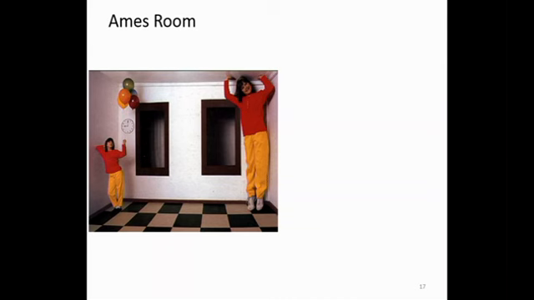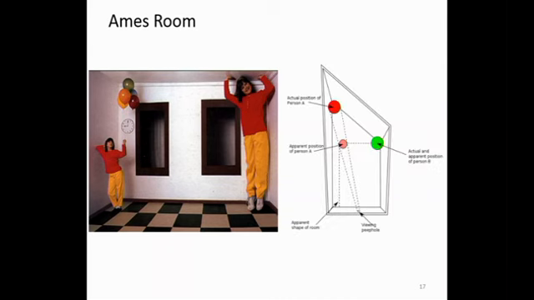But actually, none of those things are true. Everything is carefully constructed so that when you look at it from the right position, it all looks like a normal room, but in fact, it's a weirdly constructed room where the floor is sloping downward here, or upward here, so that when somebody is standing back here, it looks like they're standing much closer.